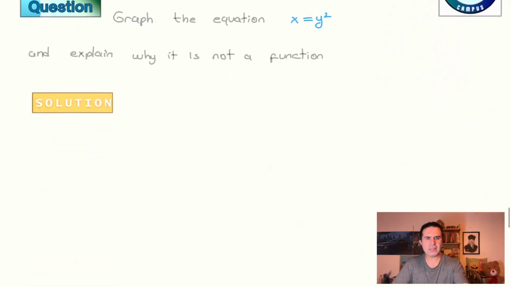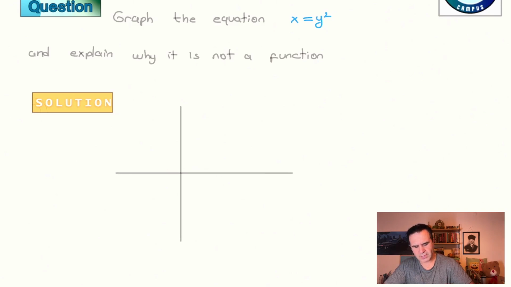And the last problem. Graph the equation x equals y squared and explain why it is not a function. Let's graph it. The graph should be like that. This is the graph of x equals y squared.